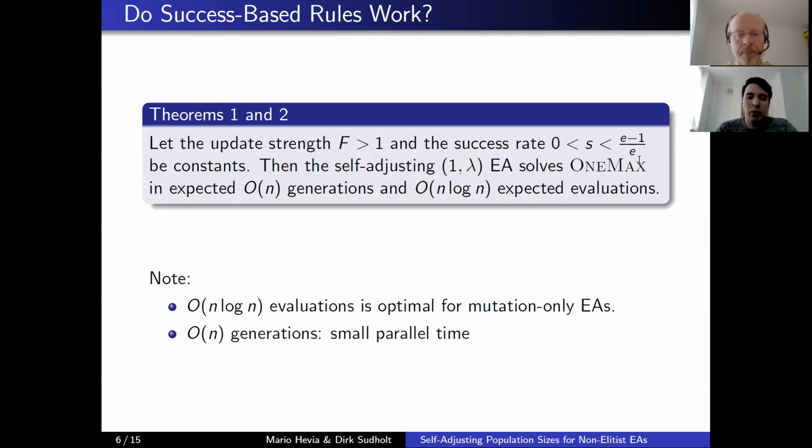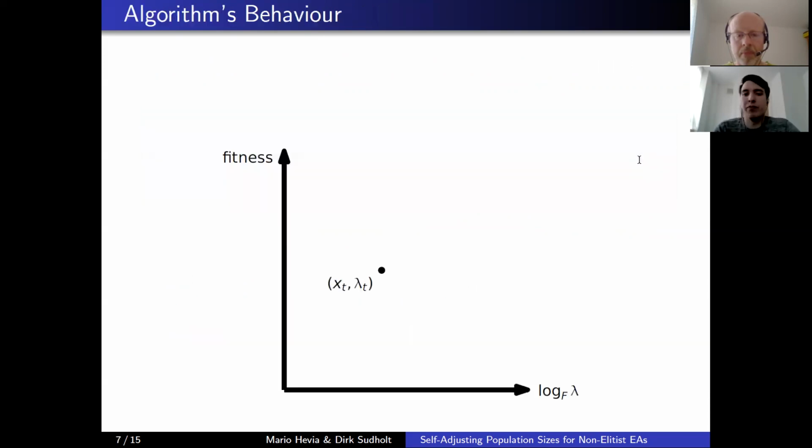The bound of O of n log n is the best possible runtime for any mutation-only EA. And the bound of O of n generations is a small parallel time, which means that this algorithm is able to solve OneMax efficiently. How did we get to this conclusion?